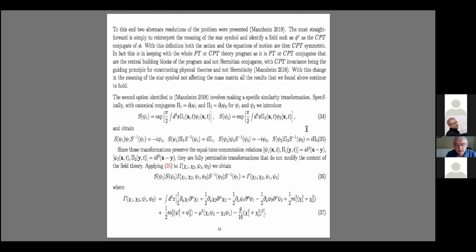Yes, I completely agree with you. When people write down a relation like the sum over n of |n><n| equals 1, they're presupposing that the states are normalizable. But you don't know that because you have to calculate the matrix. You have to look at the vacuum, and then you put in vacuum to vacuum is the integral over x, vacuum x, x vacuum, which is the integral psi star of x, psi of x.